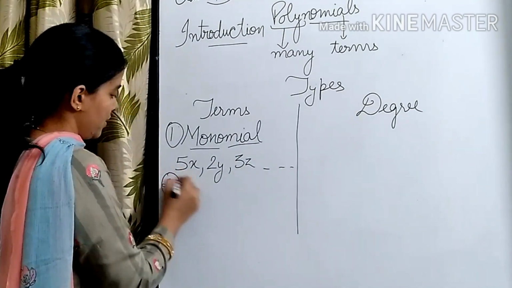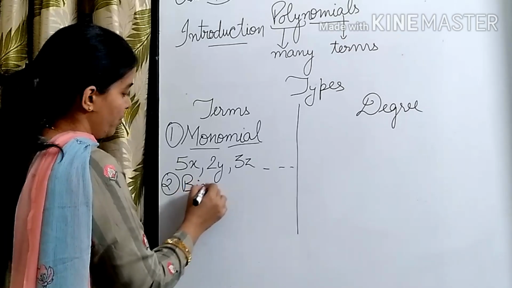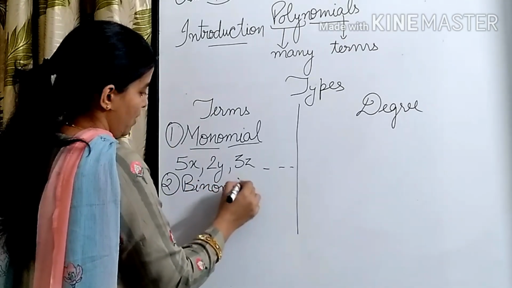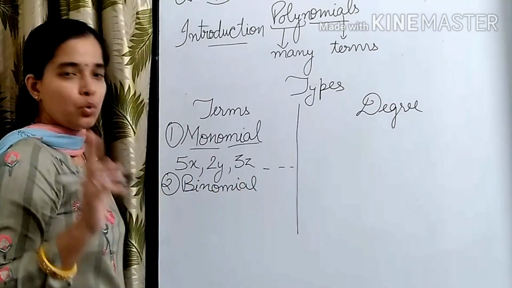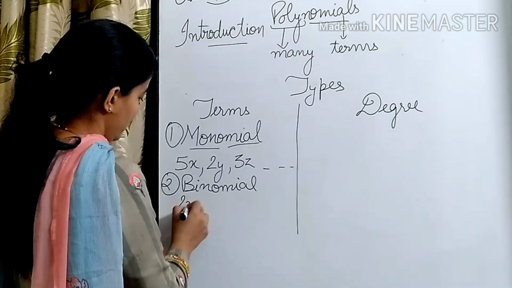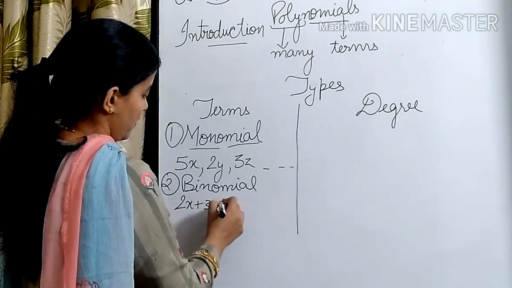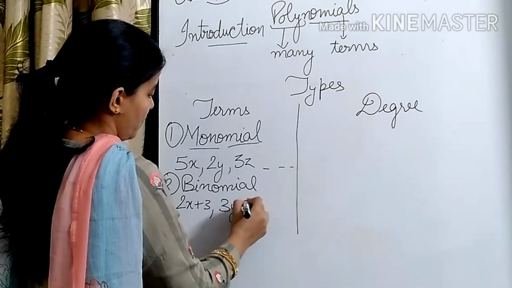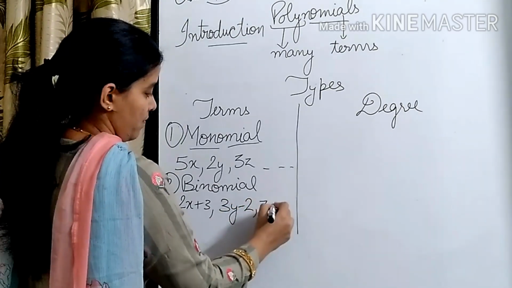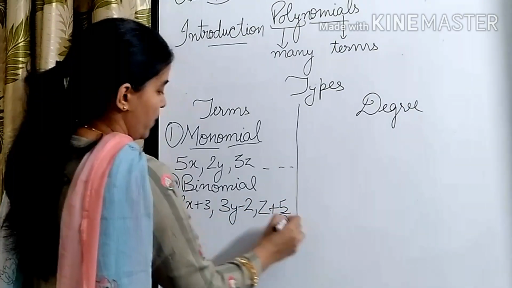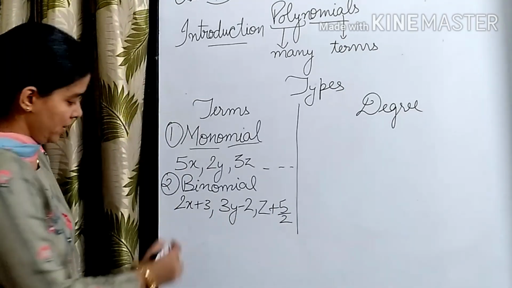Second one is binomial. Whenever there are 2 terms, like this way, they are binomial.